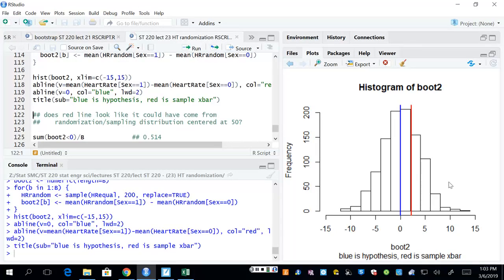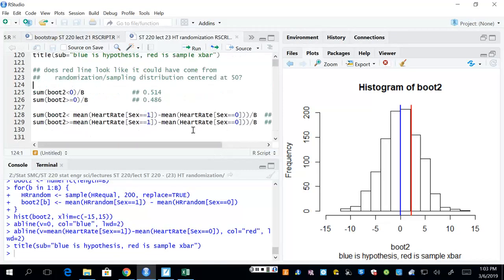Now if we calculate how many times we got a simulation that's actually above that, that's going to give us a probability, a number. And it's not extremely small. So in the bootstrap, about half the time is above 0 and half below.